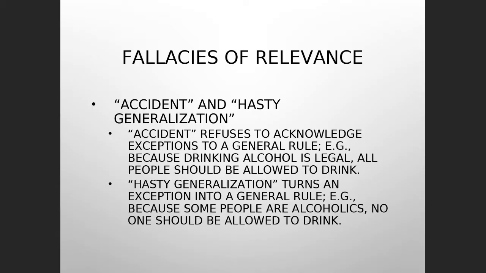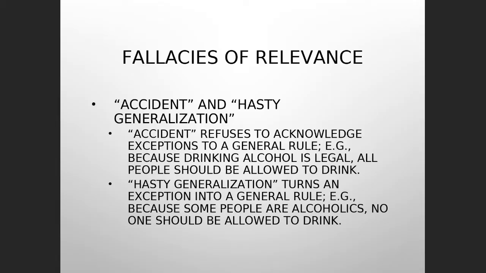Okay? Well, that's not true. I mean, some people have a demonstrable inability to control their drinking. They're called alcoholics, and they should not drink. All right? Some people are too young to be drinking. Maybe they don't have the maturity yet, and maybe they should not be allowed to drink. We can argue about what age is too young. That's different from also saying everyone should just be allowed to drink.